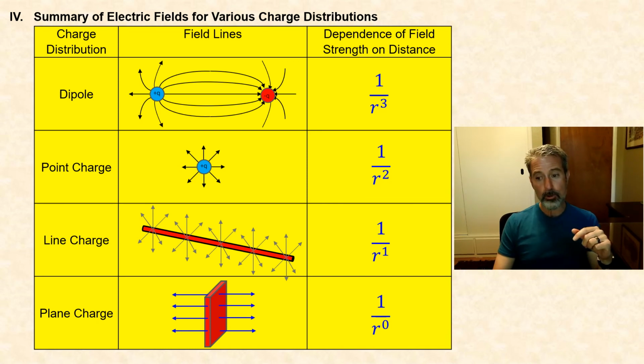As you went further away, it did not get weaker; the field had the same value. Like I say, this was an infinite sheet of charge, a plane of charge, so it either has to be infinite or you have to be close enough to it that you're very far from the edges.